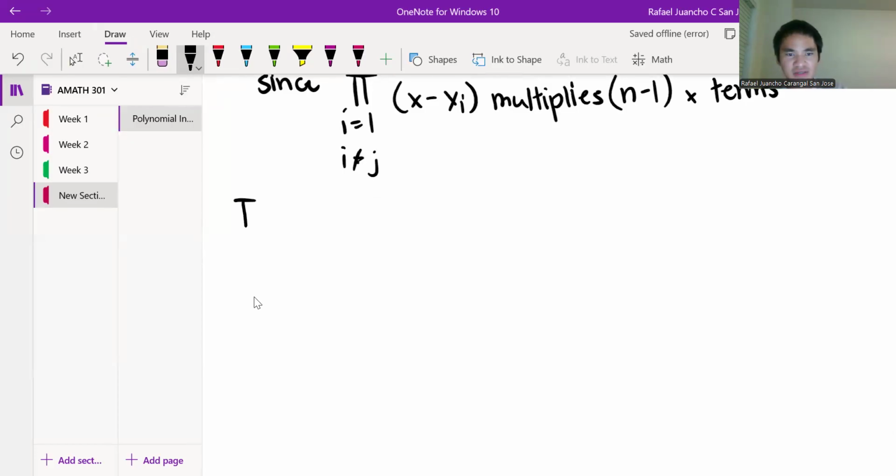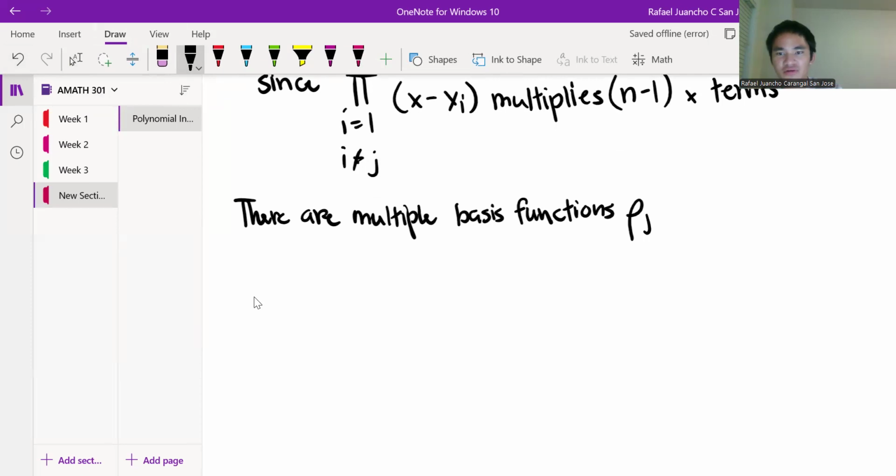So what we're saying is, there are multiple basis functions. And we're going to say rho sub j of x to create function approximations, right?